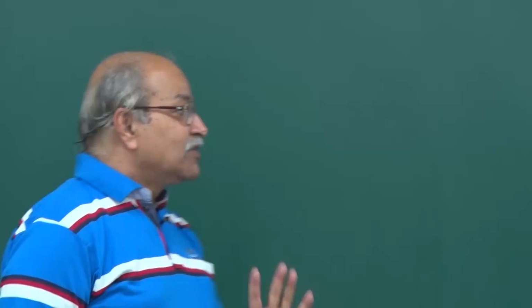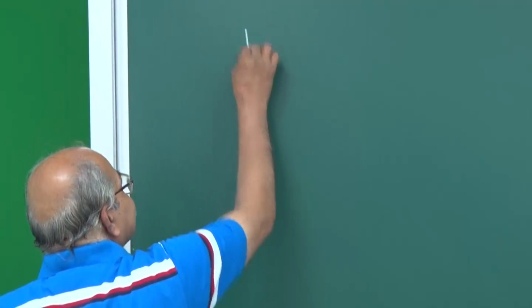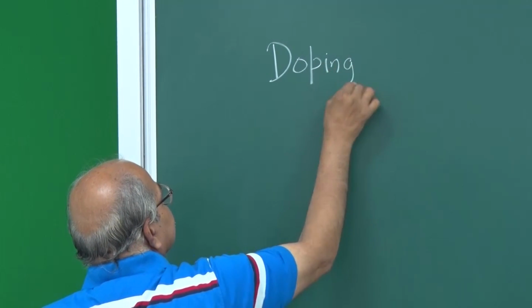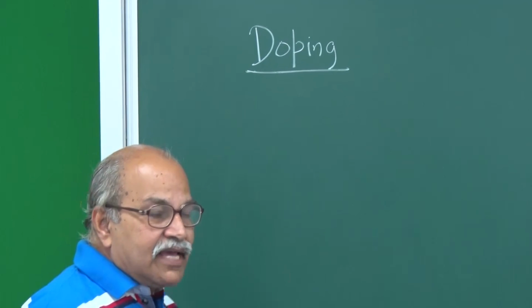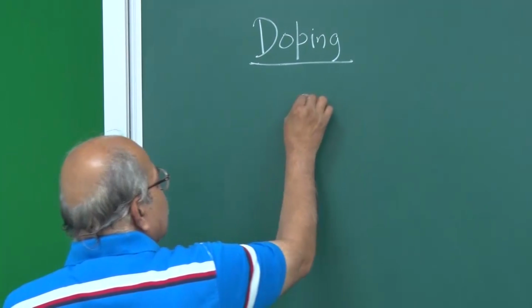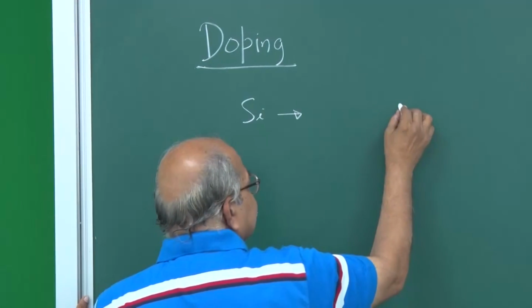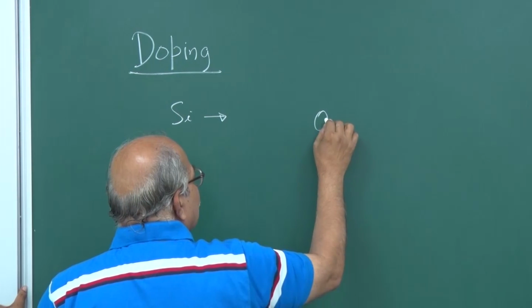How do we change the conductivity in a semiconductor? So the first and foremost thing is doping. Very, very important. Doping. So again, taking silicon as an example, pure silicon, as you know, has that tetrahedral structure and covalent bonding.